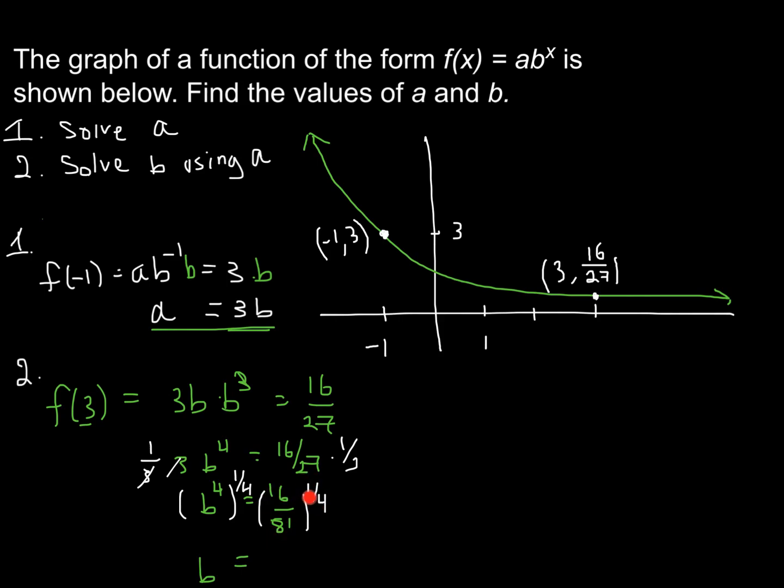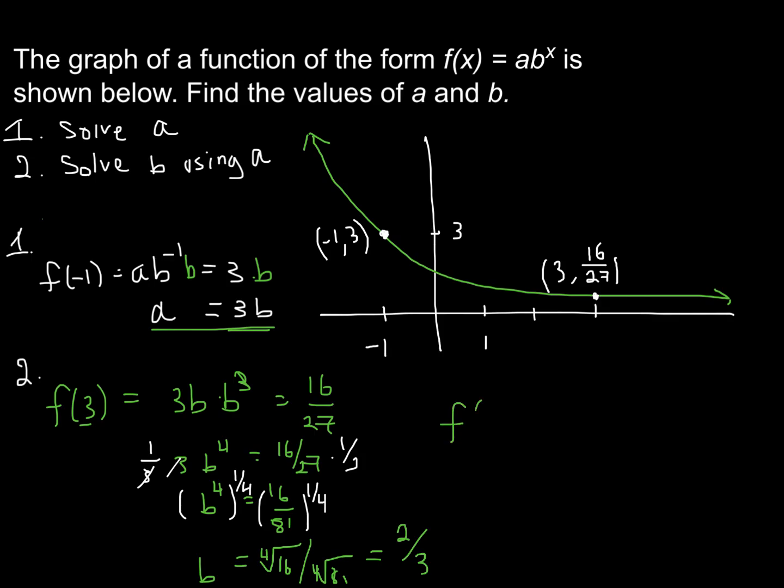And 1/4 is the same as taking the 4th root. So I have the 4th root of 16 over the 4th root of 81. What will I multiply by itself 4 times to get 16? It will be 2. And multiplying itself 4 times to get 81 is 3. So the b value that I'm looking for is 2/3.